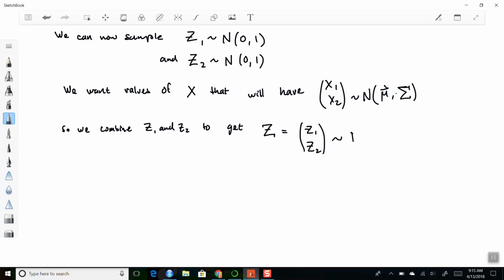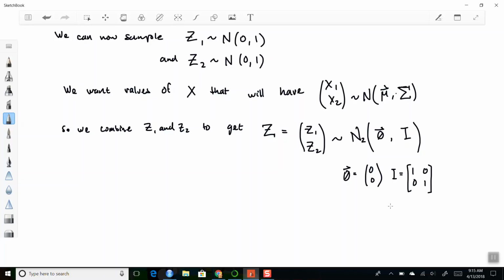And these will come from the two-dimensional normal distribution with mean vector 0 and identity matrix as our covariance matrix, right? So our 0 vector is just 0, 0. So if we do that, this is what we have right now, okay?